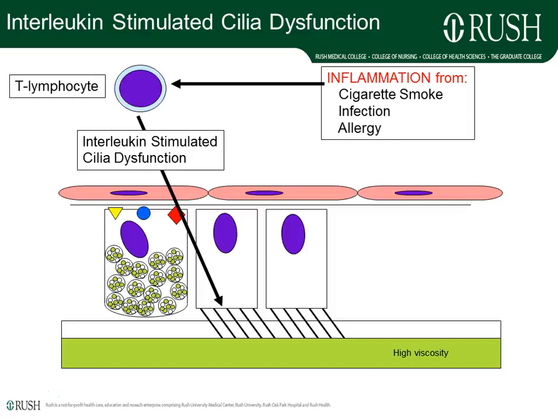So that mucus then does not get moved up the airways and out as it should normally. So not only do you get mucus blockage possibilities here, you can also have a lot of infection, because if there were trapped pathogens, they could then replicate and multiply in that nice cozy layer of mucus, and you could get bad things happening from that.